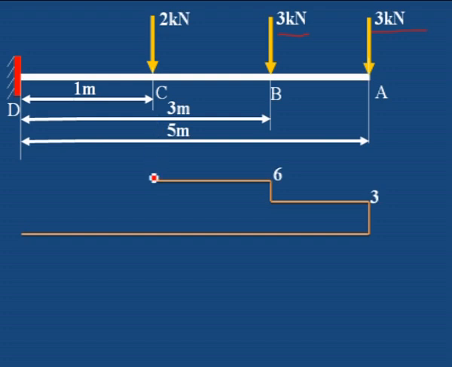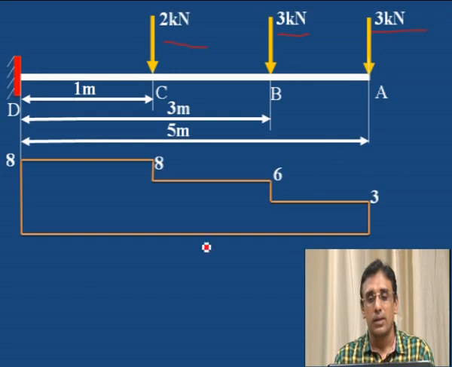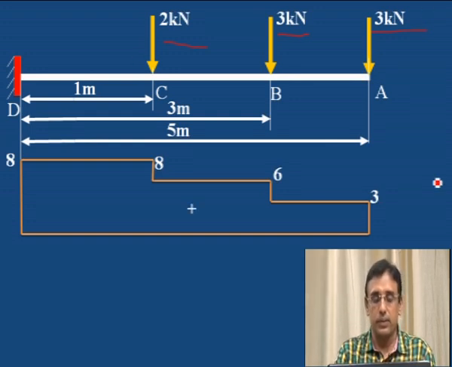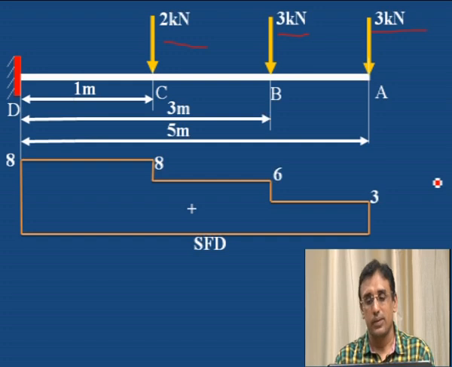Again here one more vertical line we have to draw because a point load is there. What is the value of this vertical line? It should be equal to 2, that is 6 plus 2, 8, and then draw a horizontal line because no load is added, shear force remains constant, close the polygon. This is the shear force diagram. Here there are 3 steps because 3 point loads are acting.